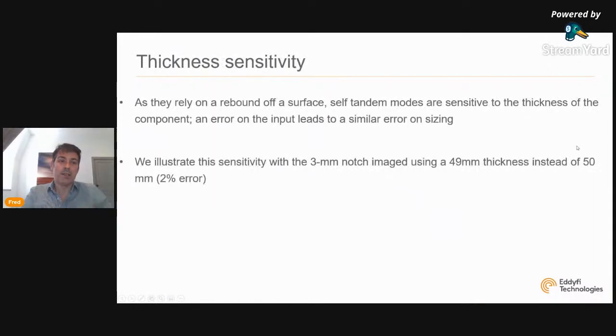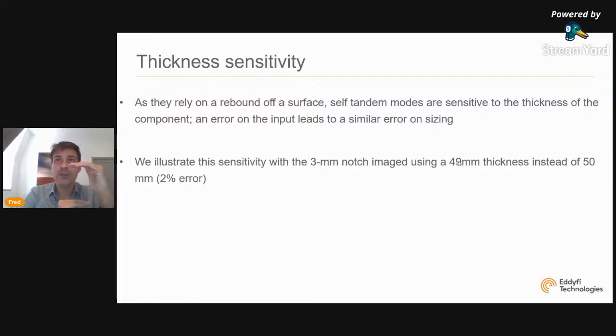All right. One other aspect to pay attention to when using corner modes is thickness. Because they rely on a backwall reflection, they are very sensitive to the thickness you input in your system. So to illustrate that, I'm looking at a 3 millimeter notch image using a 49 millimeter thickness.